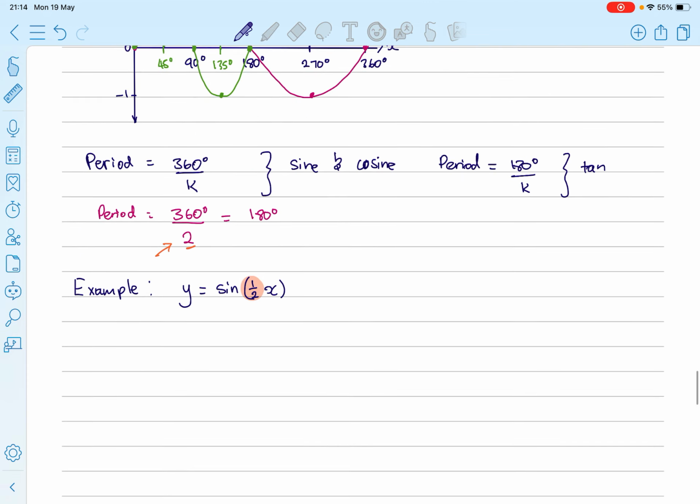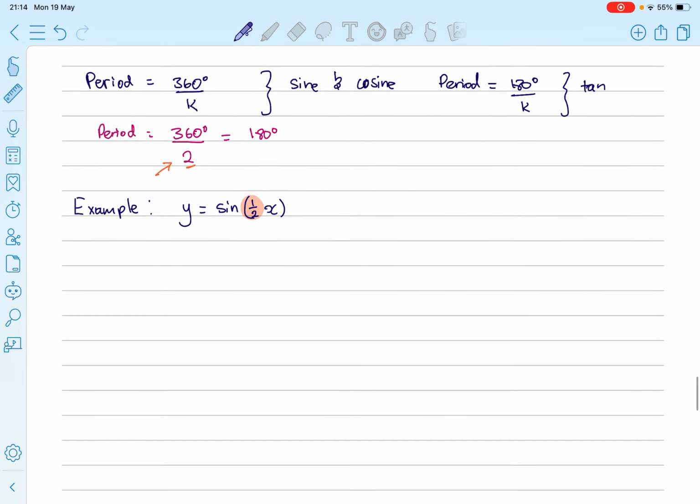That means we now need to calculate a new period. So the period for sine is 360 degrees divided by k. Our k is a half. And now you end up with a total of 720 degrees.